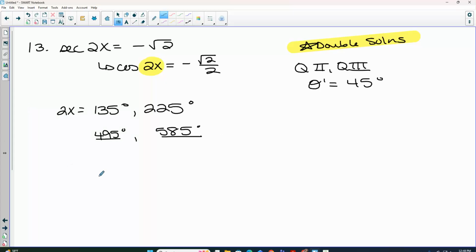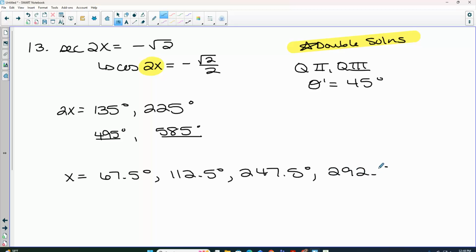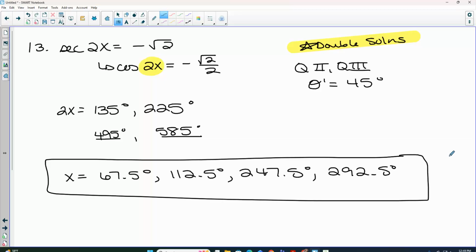So now we go through and we divide all of them by 2. So 135 divided by 2 is 67.5. 225 divided by 2 is 112.5. 495 divided by 2, 247.5 degrees. And 585 divided by 2, 292.5. And that's every answer between 0 and 360.